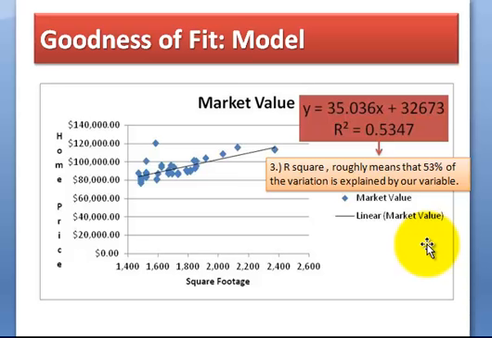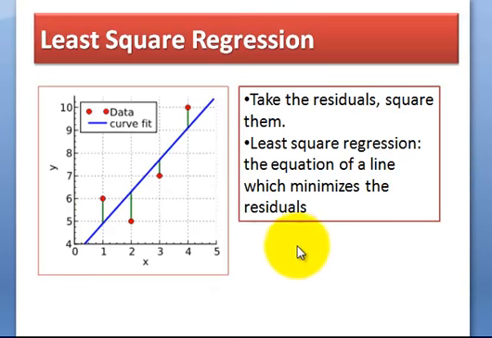Obviously, if 100% of the variance was explained by the variable, that would be a perfect correlation. If 0% of the variation is explained by our variable, that would be a horrible model. So the closer to 1, the better we are. Now, the way it does this is it takes each one of these residuals and squares them, because remember when we did standard deviation, if we added up the residuals, they would add to 0, right?